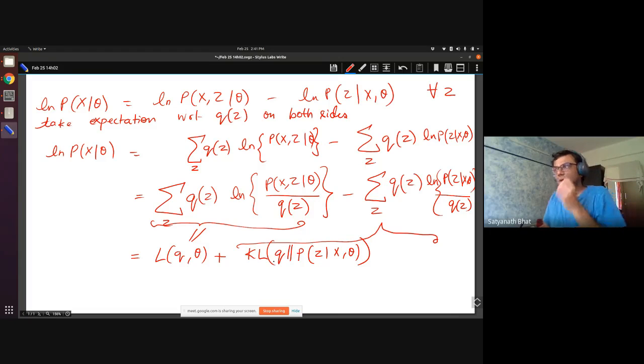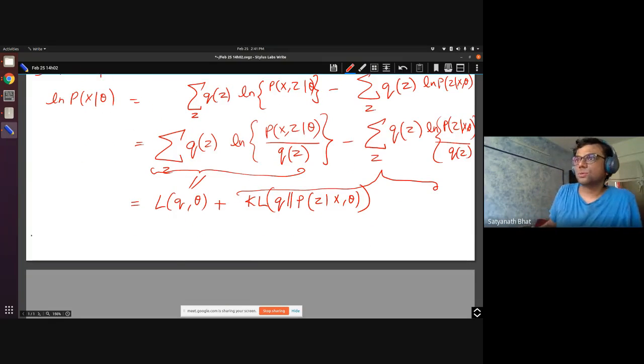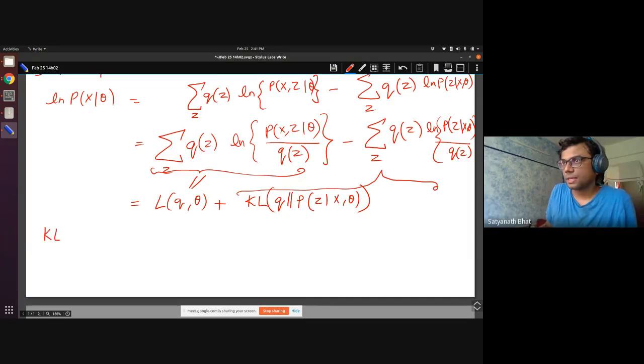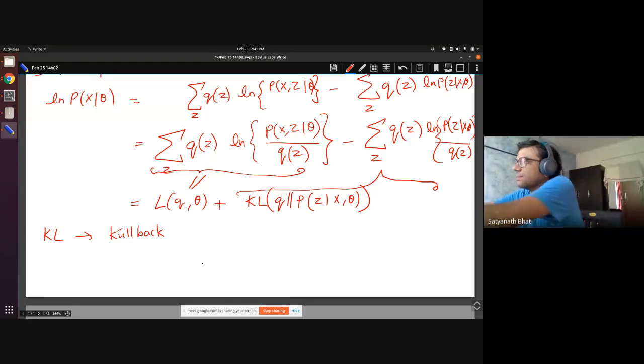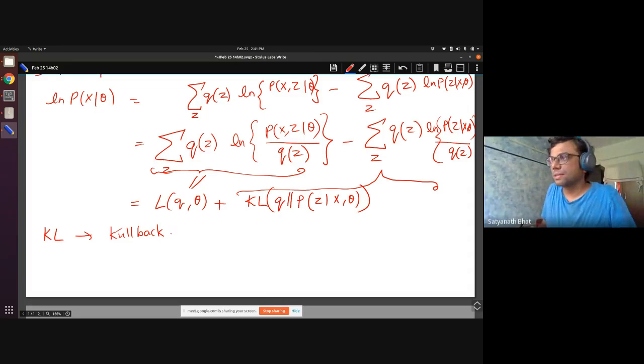Now in order to prove the correctness, we have to understand the KL divergence a little bit more. KL divergence, which is also called, I may make some spelling mistakes, Kullback-Leibler.